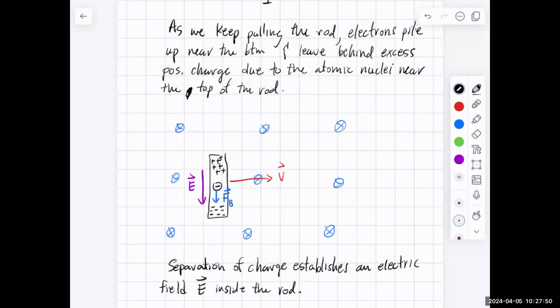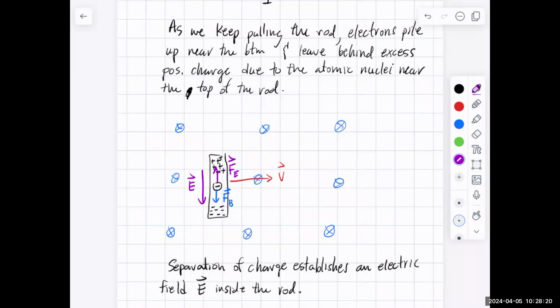Okay, but these mobile electrons are charges and they also experience forces from electric fields. The force on a charge in an electric field is q times E. This electron is negative, and so its force is in the opposite direction of the electric field. And so there's going to be an electric force that points upwards.